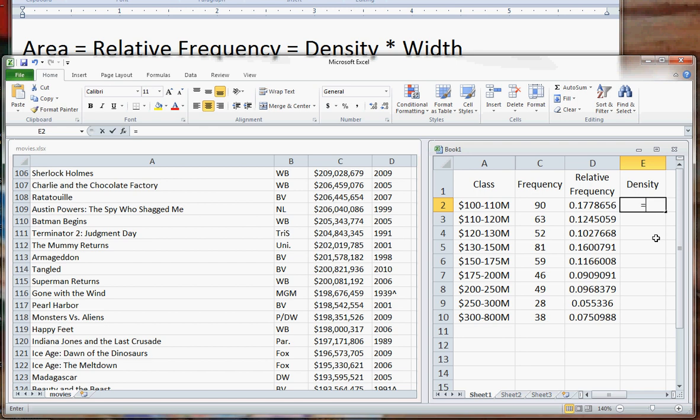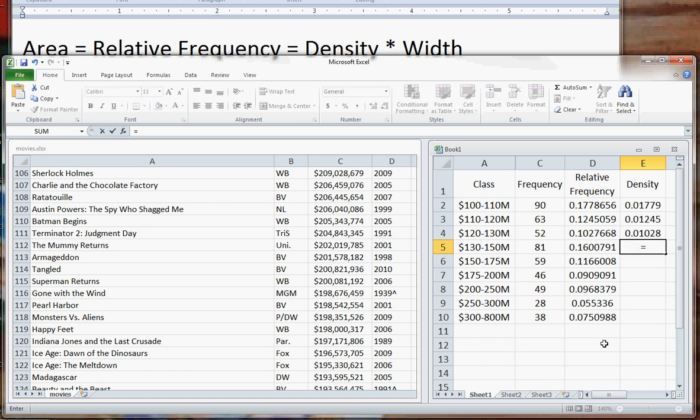So, for example, the density of the first rectangle will be equal to this relative frequency divided by 10. The density of the next rectangle would be equal to that relative frequency divided by 10. The next density will be equal to this divided by 10. And the 10, of course, comes from the fact that the difference between 120 and 130 is $10 million.